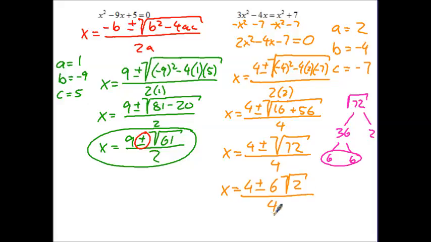And now we are in luck again, because all numbers here, the 4, the 6, and the 4 in the denominator, can be divided by 2. So x is equal to 2 plus or minus 3 times the square root of 2 divided by 2. And this is our final answer.